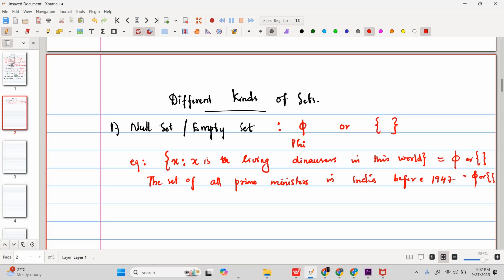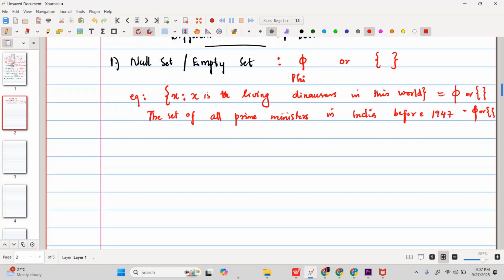The null set. Now we have the next kind of set, which is the singleton set. What do you mean by singleton? It is a set that only contains one element. You may not know the meaning of contain, so I will explain what is meant by contain or contained in later.